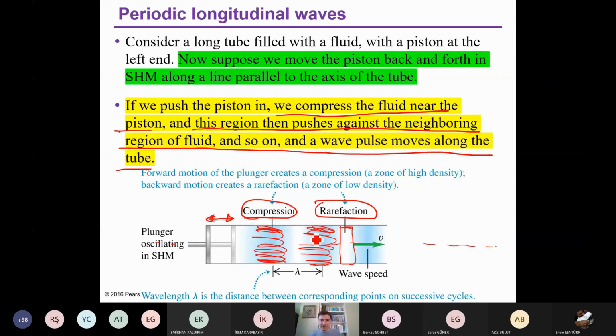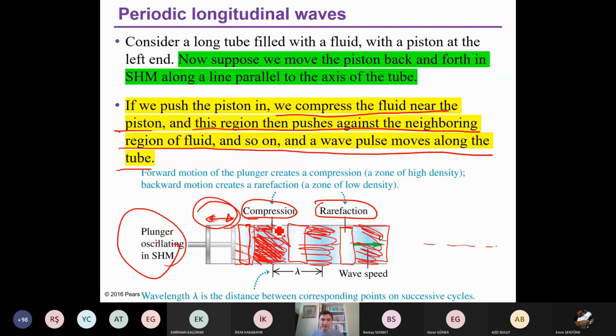Due to the simple harmonic motion of the piston, you produce compression and rarefaction within the liquid. Just look at the behavior. Here we have a dense region, here low density, here a high density region, here low density. Then it repeats itself. There is a repetition.